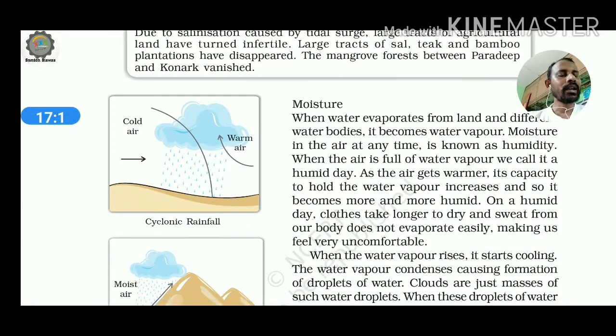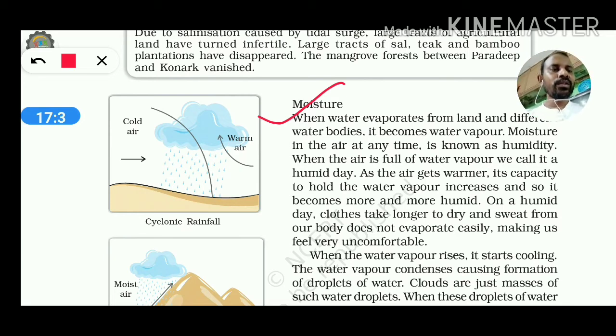Next portion, we are coming to know about moisture. What is the source of moisture? I think you know, it is evaporation. When the water vapor gets condensed, it leads to the creation of clouds, and when the clouds are not able to hold themselves, the water droplets come down and fall on the earth's surface. This is known as precipitation.